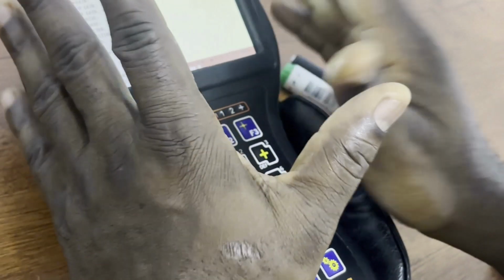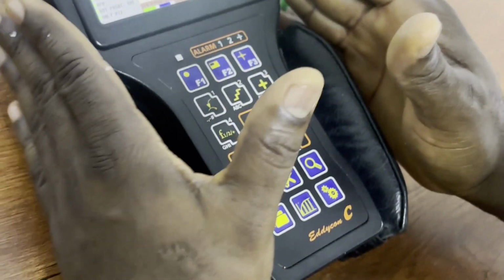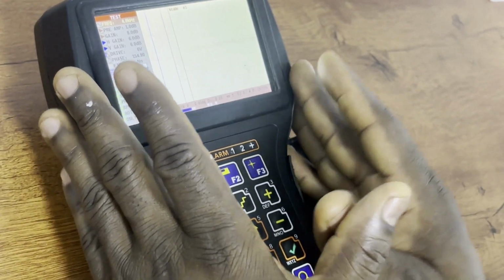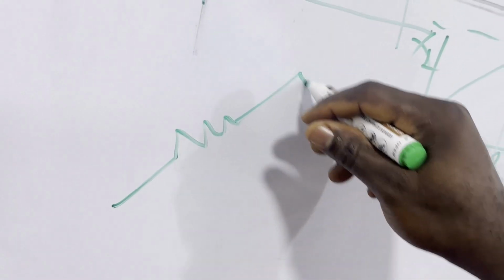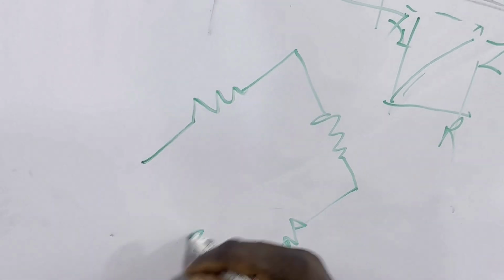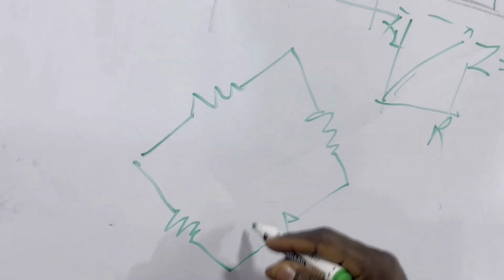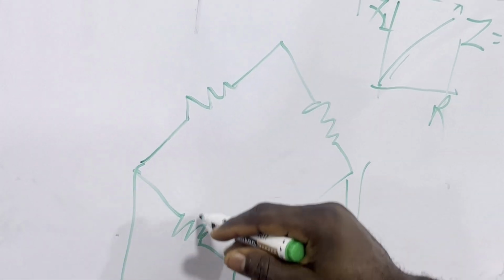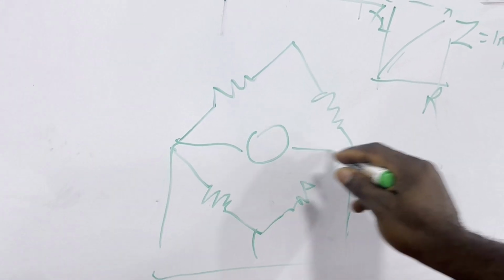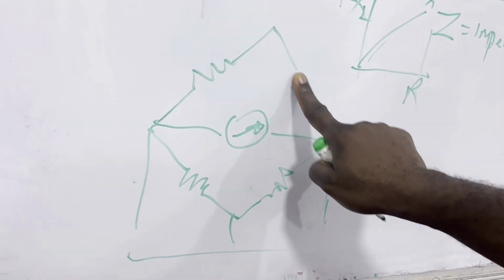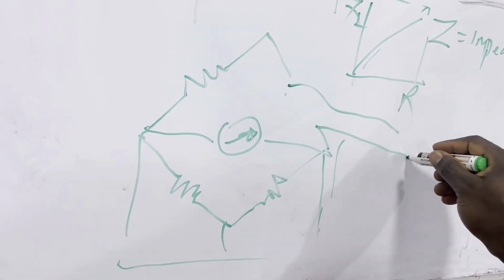Now, by design, every eddy current unit is a bridge circuit, like in basic electricity where you have a bridge. So here you have an indicator. In the case of an eddy current unit, this is your probe.